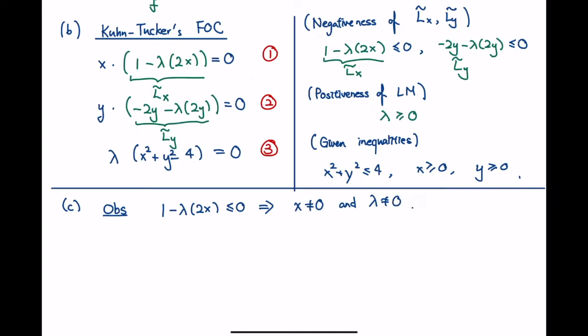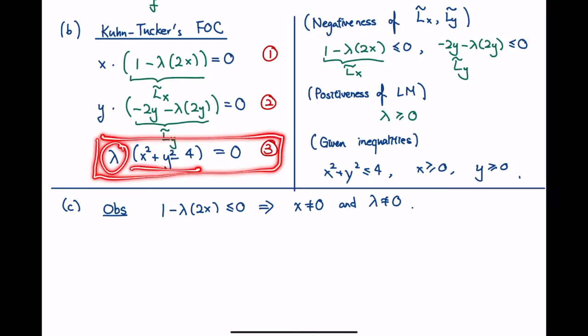Why? Because if x is 0, then you get 1 minus 0 is less than or equal to 0. This is clearly a contradiction. Similarly, if lambda is 0, then again you will get 1 minus 0 is less than or equal to 0, obviously also nonsense. Therefore, x and lambda cannot be 0. Why is it good? Because once I know that lambda is not 0, from the third equation, the other factor has to be 0.